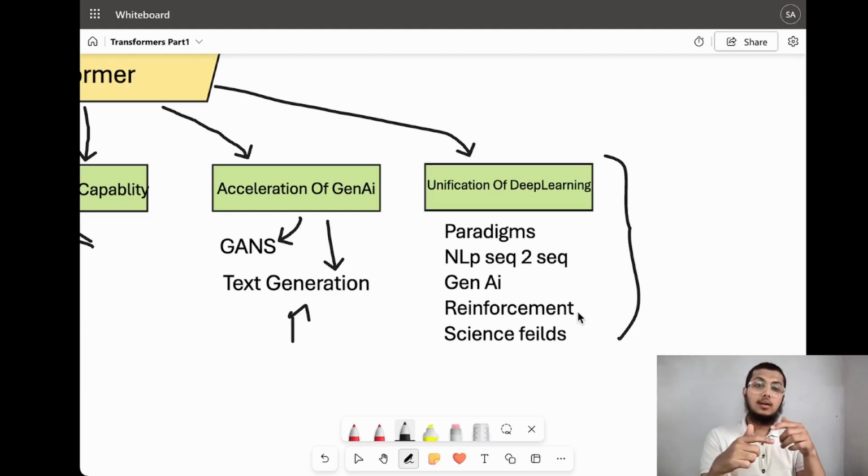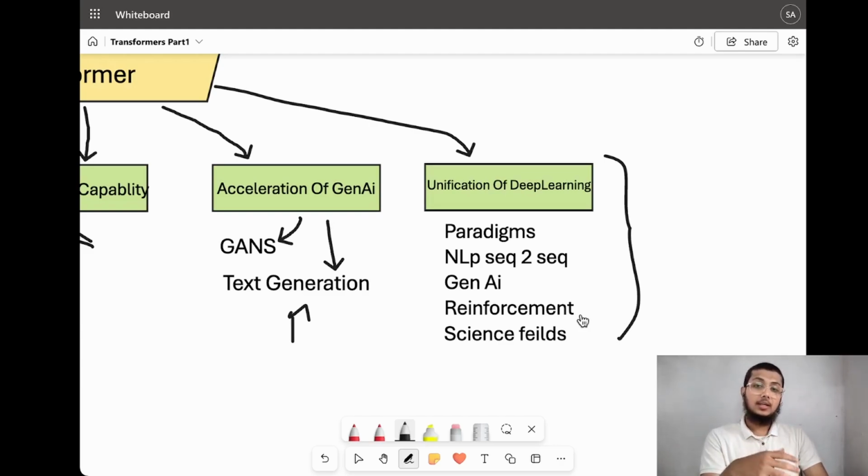Now, transformers themselves have many shortcomings and drawbacks, and there is a good chance that tomorrow a model that surpasses transformers may come. But this unification is a very important impact of transformers.